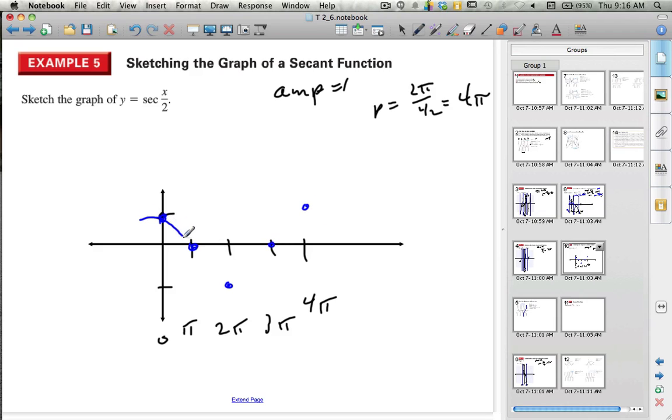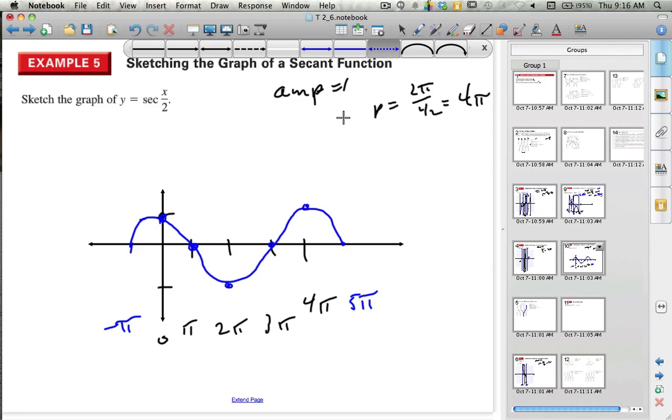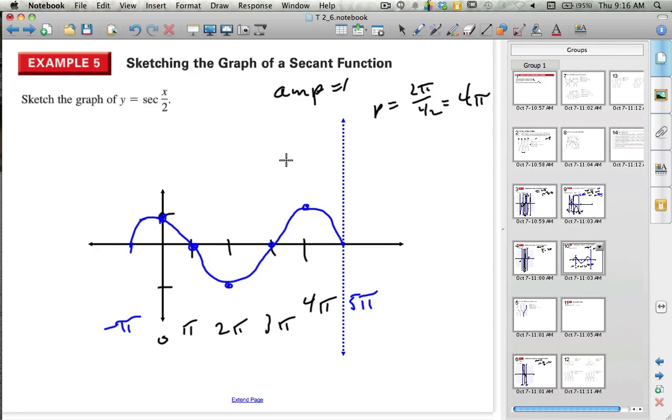So it would look like this. Now I'm going to go a little bit to the left and to the right just to get a little more of this. Right? So that would have gone down to here. So this is negative pi. And we could have continued on to here. This is 5 pi. And I'm going to put in my asymptotes everywhere I have intercepts.